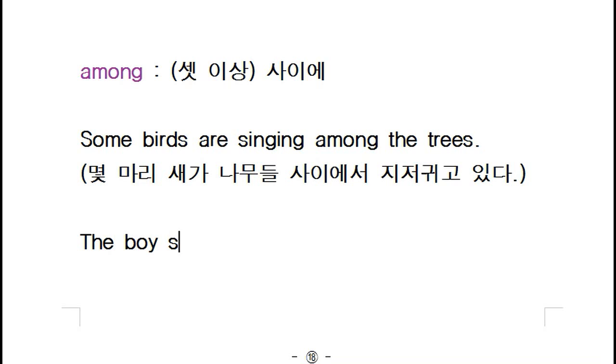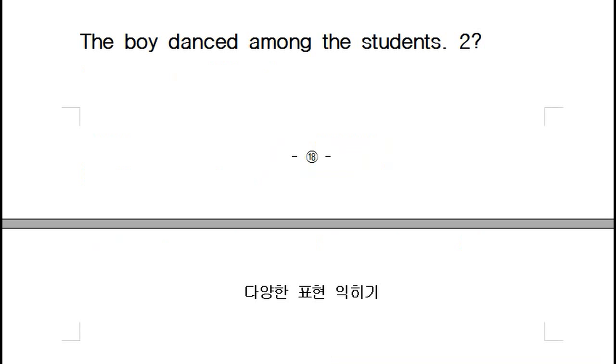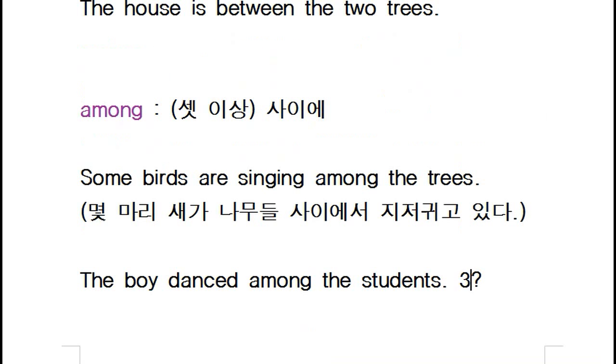The boy danced among the students. So guys, there are many students, but the boy danced in front of them or among them. Do you understand? Very good. So the students, how many students are there? 2? No. How many? 3? Maybe, or more.